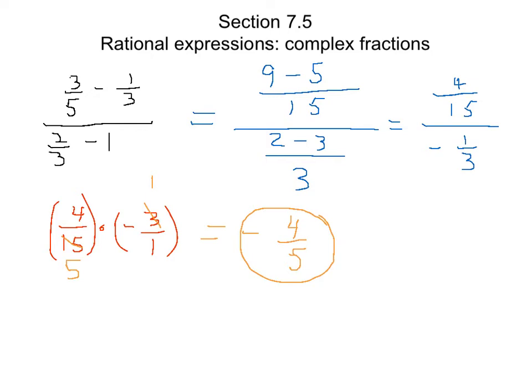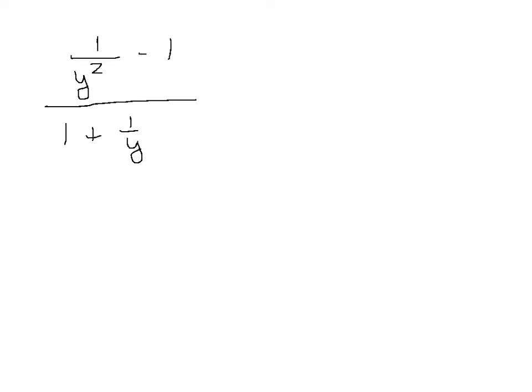So examples are coming. Here we go. So here's a rational expression, well, complex fraction involving rational expressions. And so I need a common denominator on the top and a common denominator on the bottom. So on the top it's y squared, and I get 1 minus y squared.